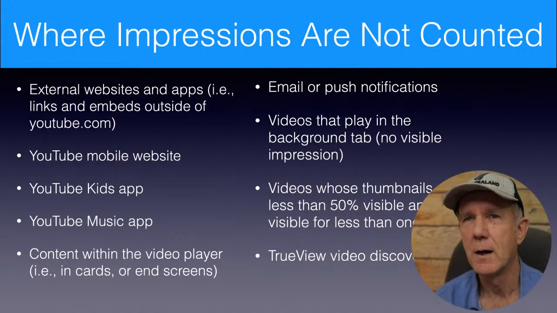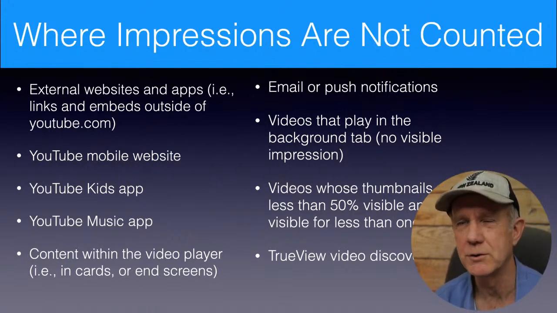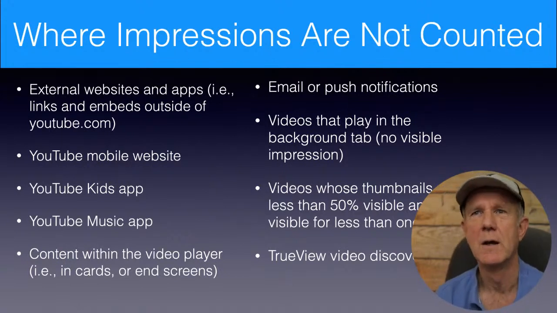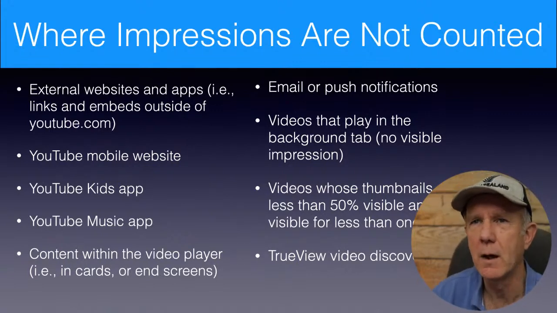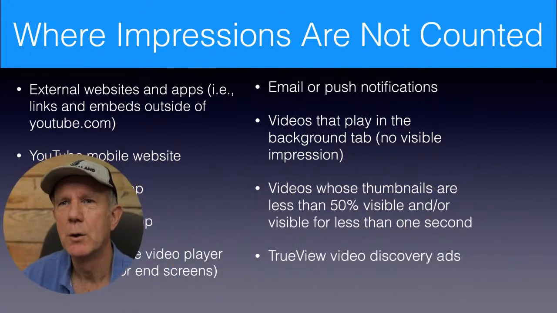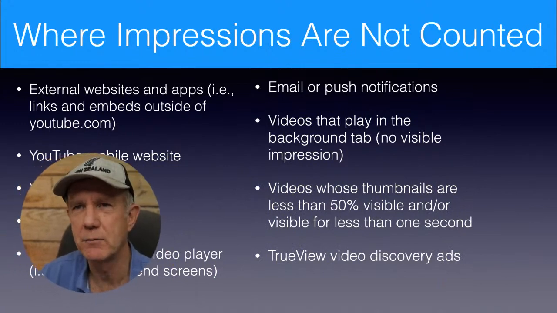So you send your video to your email list, push notifications, videos that play in the background tab, and also videos whose thumbnails are less than 50% visible or visible for less than 1 second.